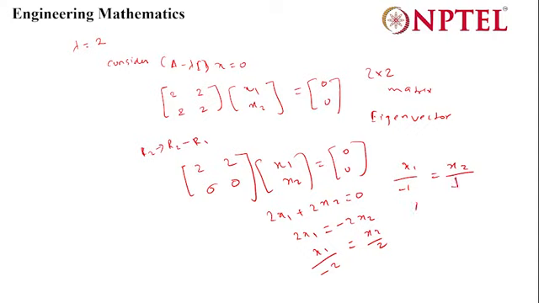Your eigenvector will be [x1, x2] = [-1, 1]. This is how you calculate an eigenvector for a 2 cross 2 matrix.